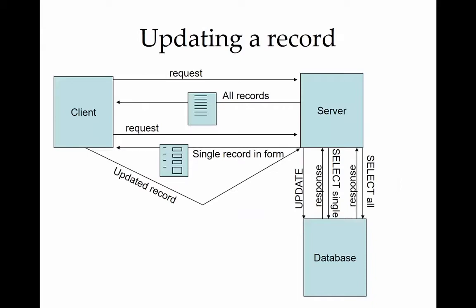So first, we request a list of all the records from the server. The server gives us a list of all the records. Then we pick a specific record. And we now make the server basically send us a form.